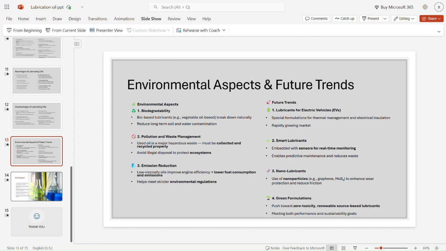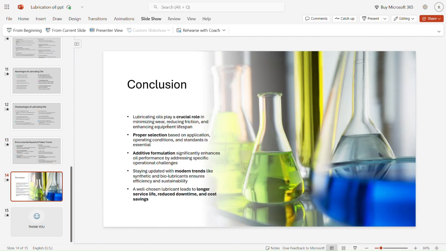The last slide is about the conclusion. Hence, as we discussed, lubricating oil is the most important consideration in various industries and machines, as it plays a crucial role in minimizing wear, reducing friction, and enhancing equipment lifespan.